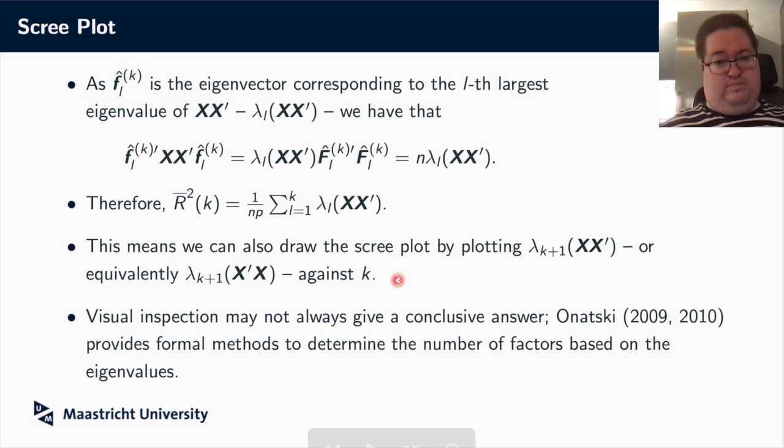So again, we're looking for a kink in this plot of eigenvalues. Now, of course, doing it visually is a bit up to interpretation, and you might not always get a conclusive answer. Now, there are also methods proposed by Onatski which take this idea of eigenvalue comparisons and provide formal methods where you can actually determine the number of factors based on this.